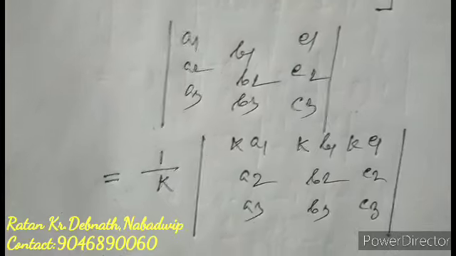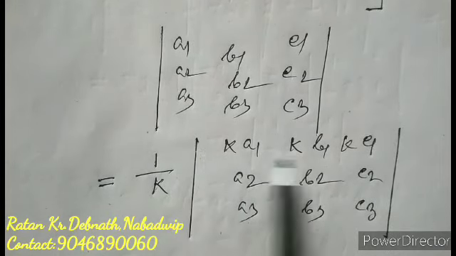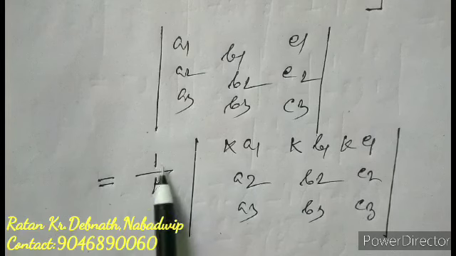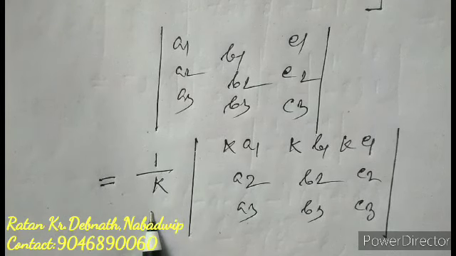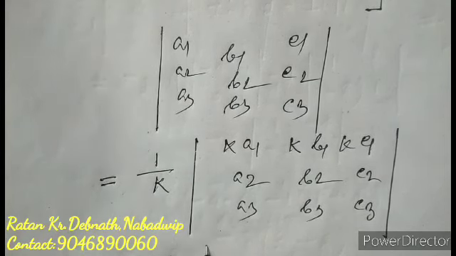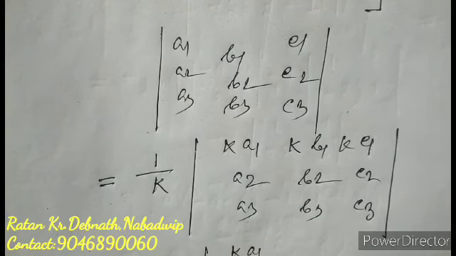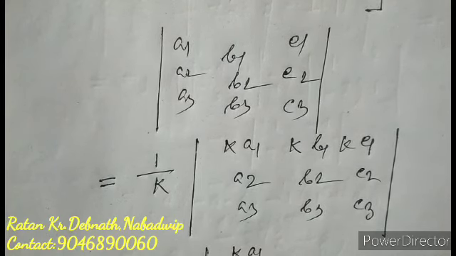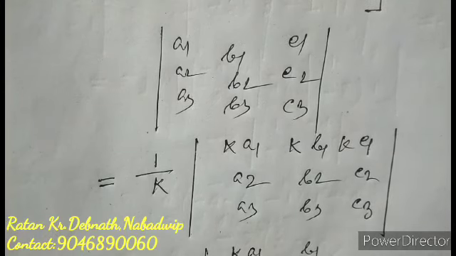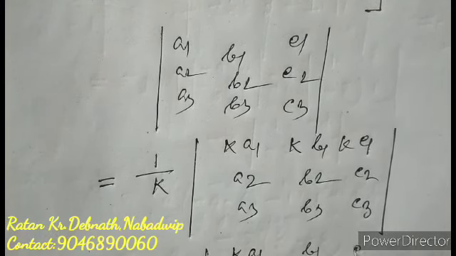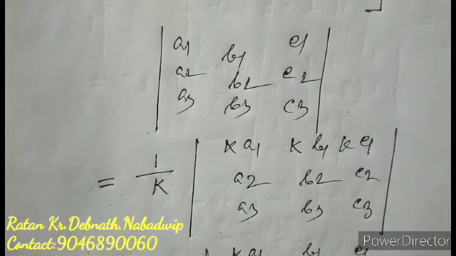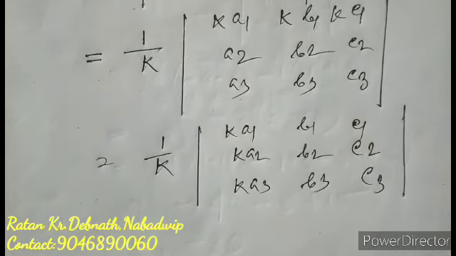We just multiply only a single row by the constant and we put 1 by k outside in order to balance up. You can do the same thing 1 by k by multiplying by the constant in some column: k_a1, k_a2, k_a3, b1, b2, b3, c1, c2, c3. You can do like this also.